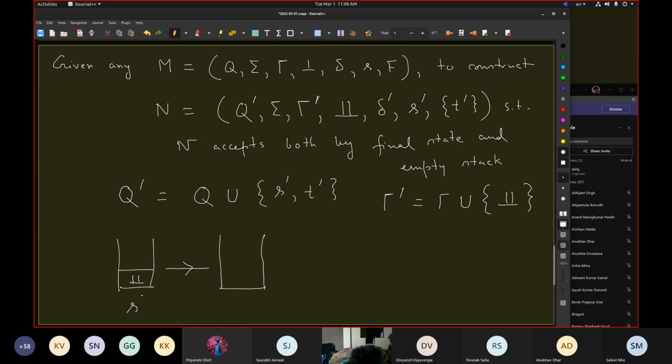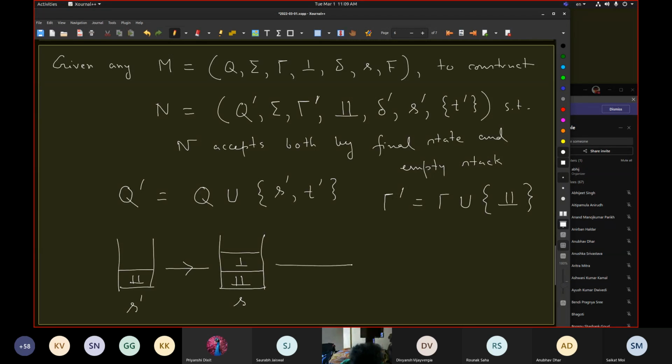This is a state S prime. This is the stack. What the machine will do, it will push the old bottom marker and go to this start state S.